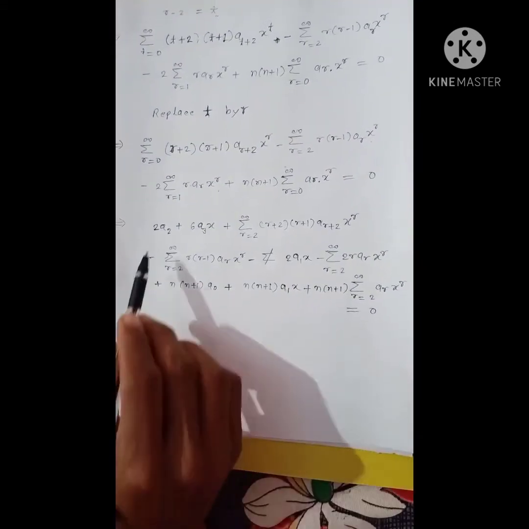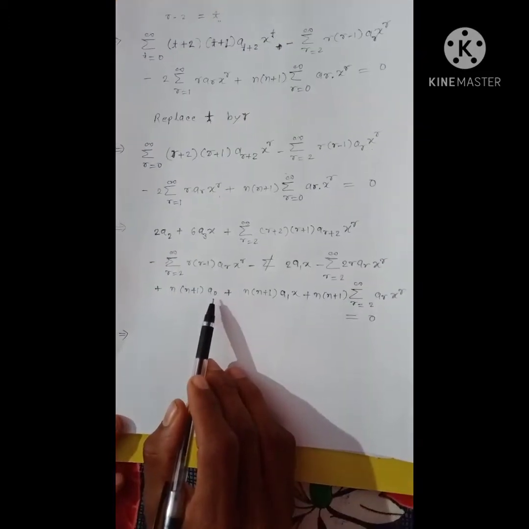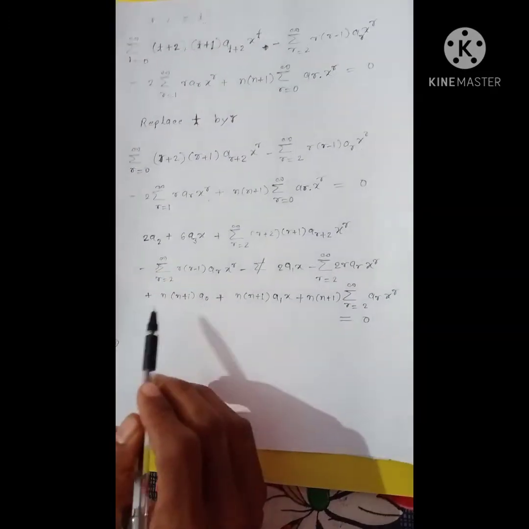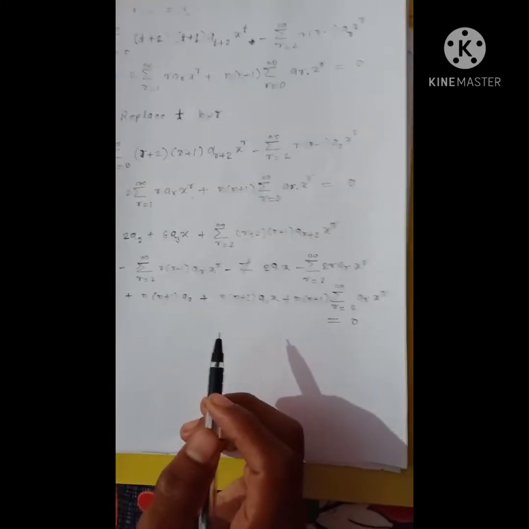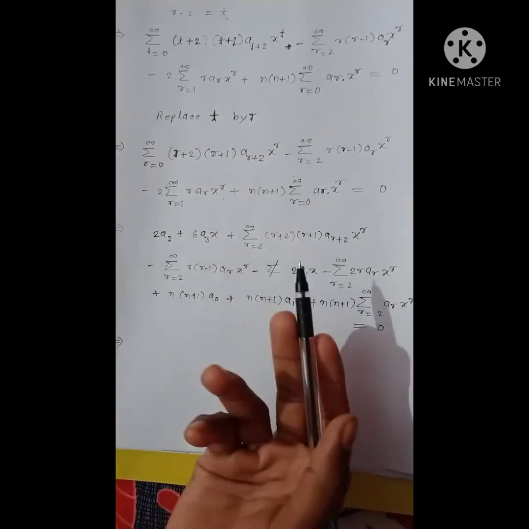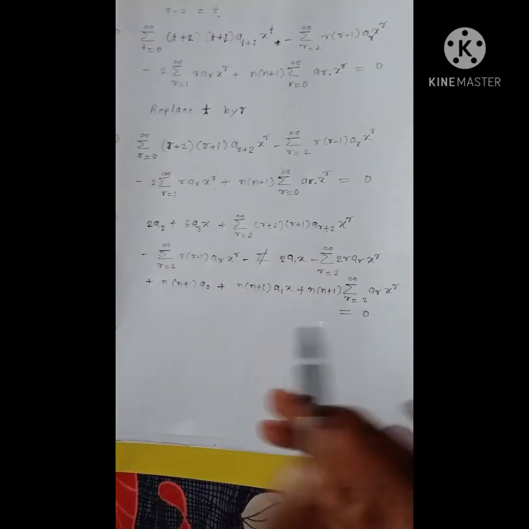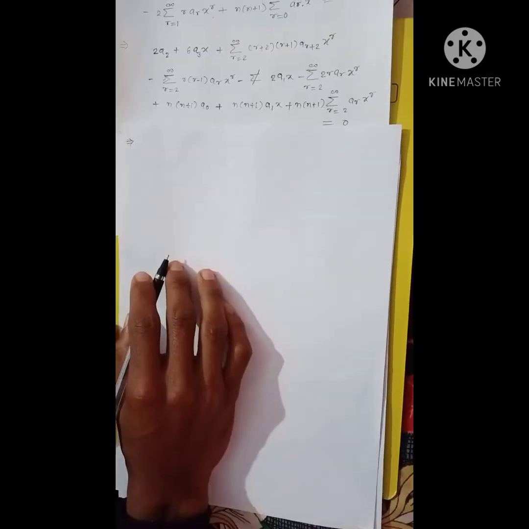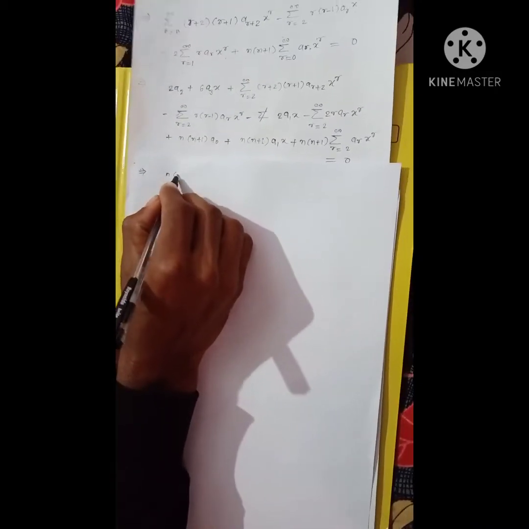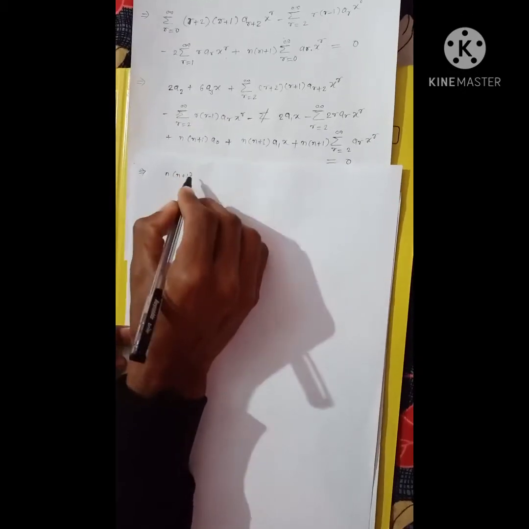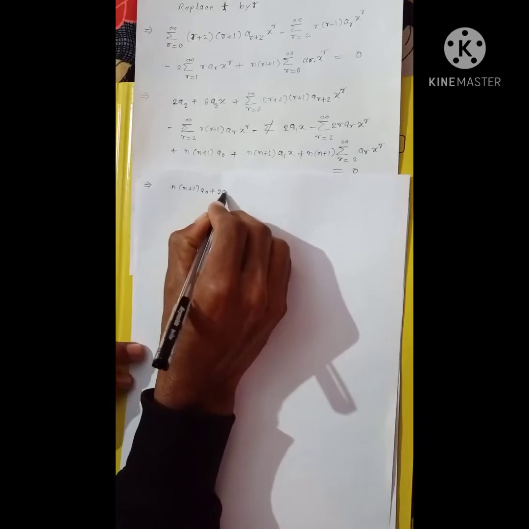Now this is a constant term and this is a constant term. That means these terms are independent of x. So separating the constant terms and the x-dependent terms, now we get n into n plus 1 a0 plus 2a2.